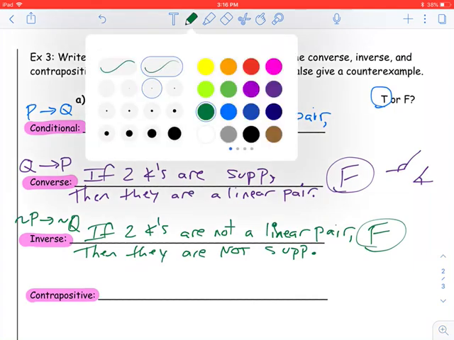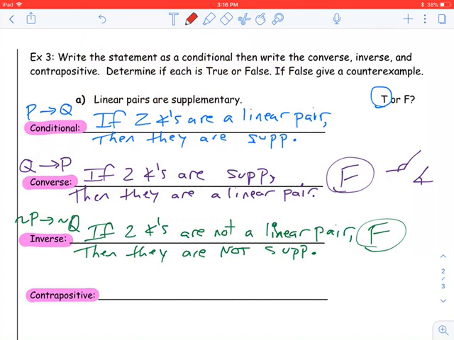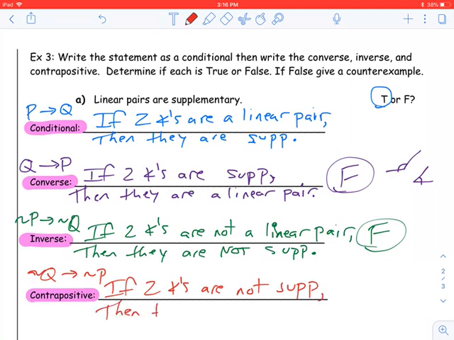And then lastly, we've got contrapositive, which is not Q, then not P. So if not Q would be not supplementary. So if two angles are not supplementary, then they are not a linear pair.